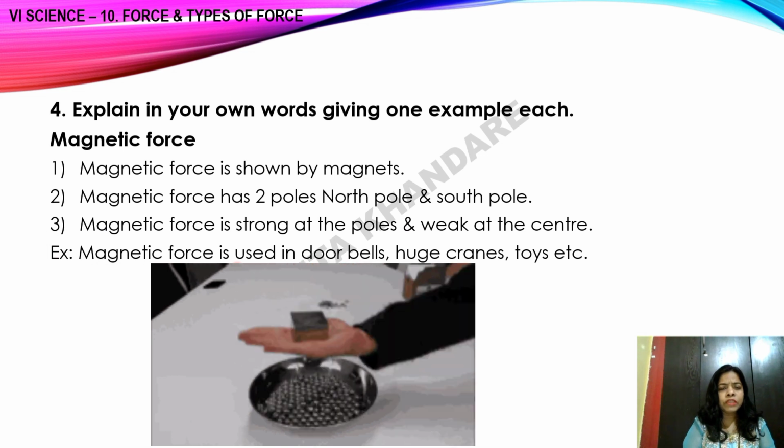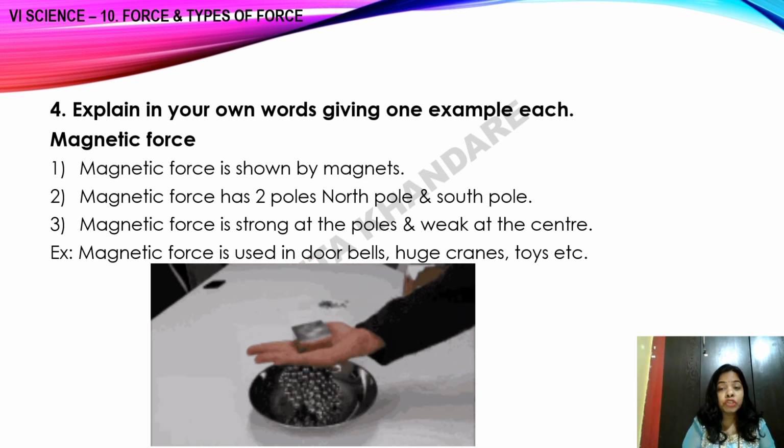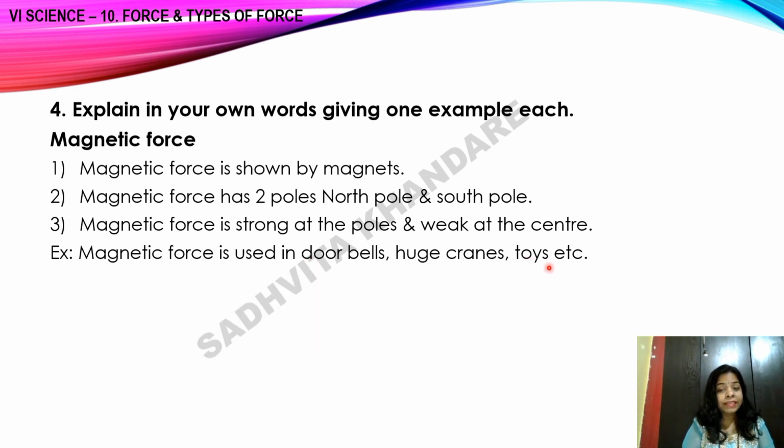Magnetic force is used in doorbells, huge cranes, toys, etc. Yes, children, we all know that this force is shown only by magnets. There are two poles, North Pole and South Pole, and the whole power of the magnet is present at the ends, not in the center. So these are the places where we use magnetic force: doorbells, cranes, toys, etc.